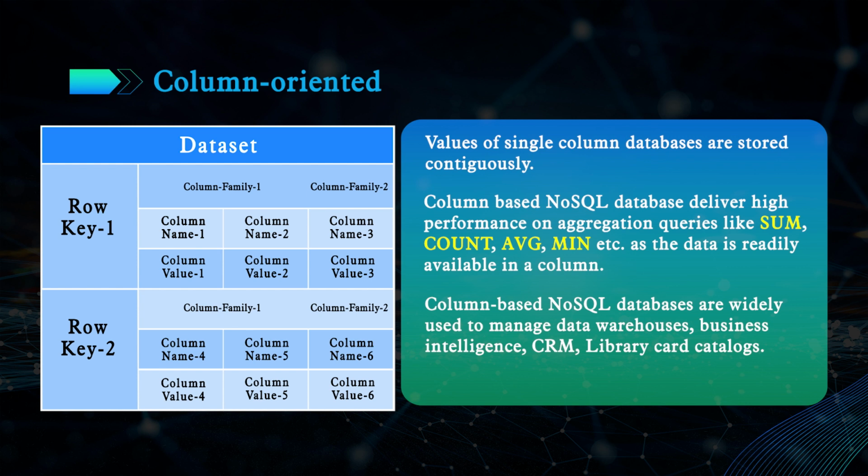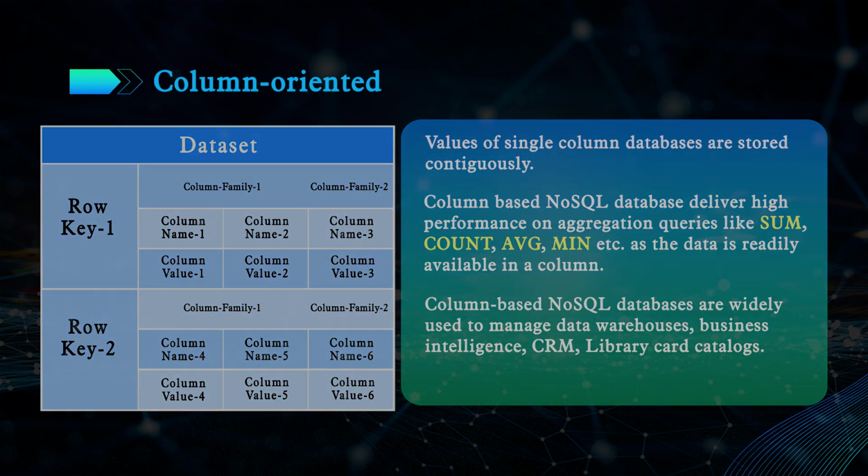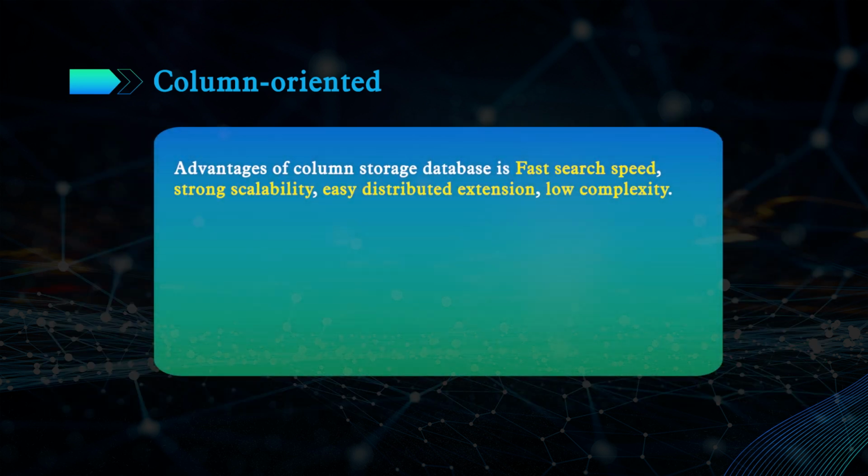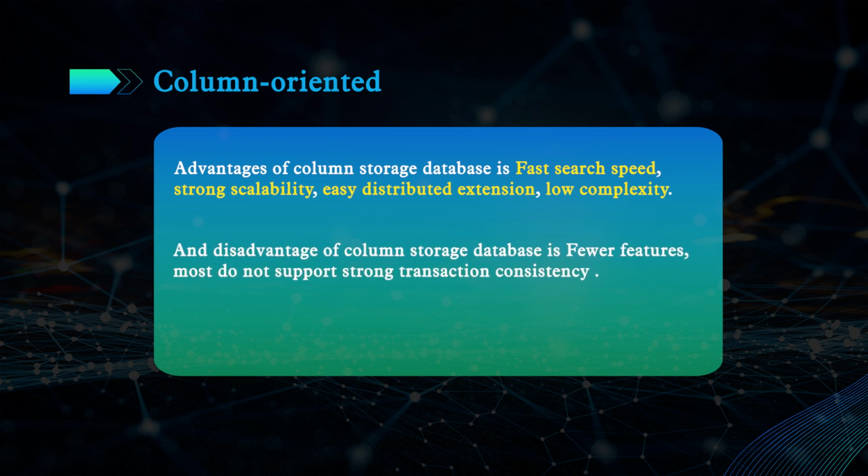Column-based NoSQL databases are widely used to manage data warehouses, business intelligence, CRM (customer relationship management), and library card catalogs. Advantages of column storage database are fast search speed, strong scalability, easy distributed extension, and low complexity. The disadvantage is fewer features. Most do not support strong transaction consistency.